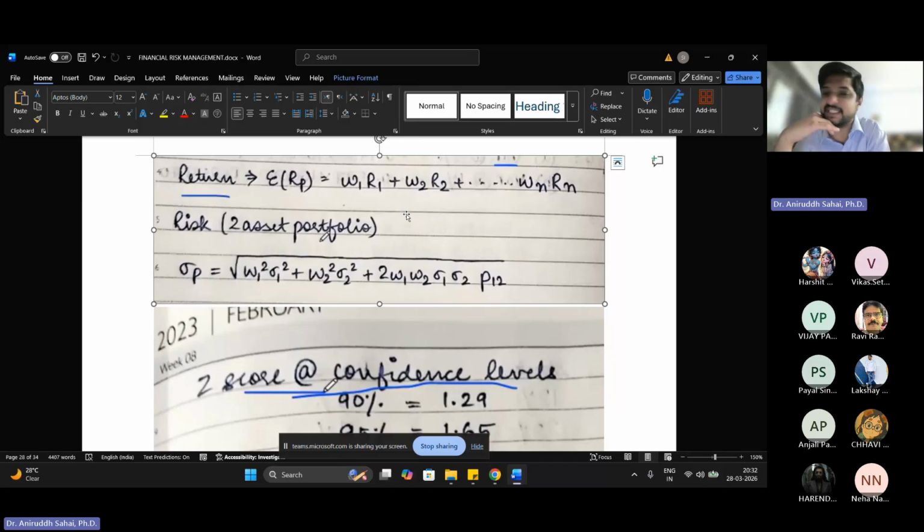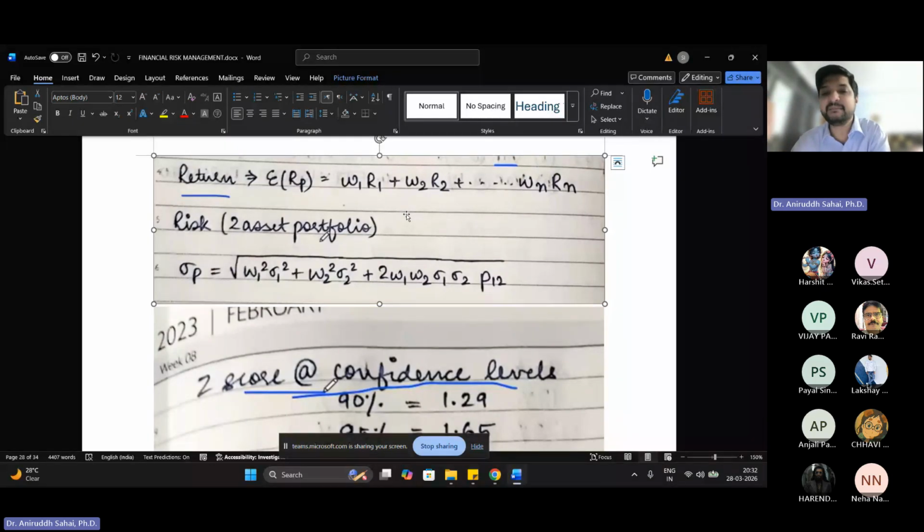You take the weight of the second asset multiplied with the returns of the second asset, and so on. If you have n number of assets, you take the weights of all the assets multiplied with the expected returns of all the assets and sum them all up. So summation of the weights and the returns of all the assets will give you the expected returns. This is what we had discussed in SAPM as well.